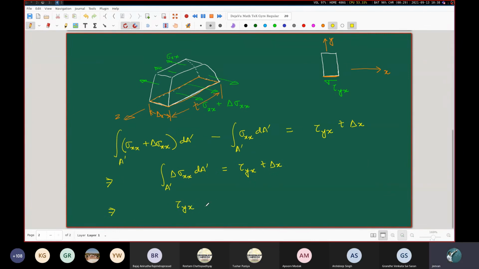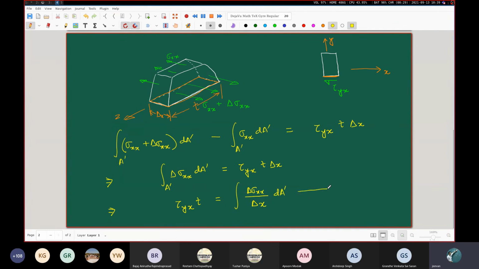Tau yx, we'll keep the t on the left hand side, but we'll take the delta x inside this integration. It doesn't make any difference because delta x has nothing to do with this particular area. So it's almost like a constant with respect to this integration. So this is delta sigma xx divided by delta x dA dash.